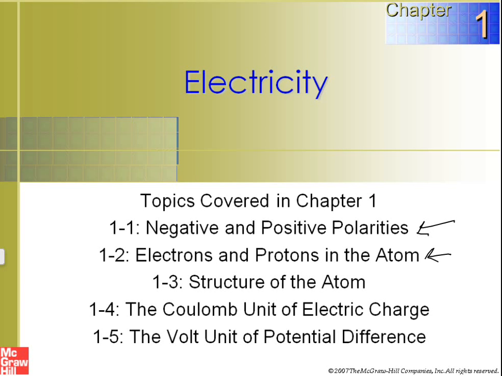We're going to talk about the structure of an atom and what it contains and how that relates to charges. Then we're going to talk about what makes up a charge and how we measure it. Then, where does voltage come from? What does voltage actually mean? How are we forming voltage?